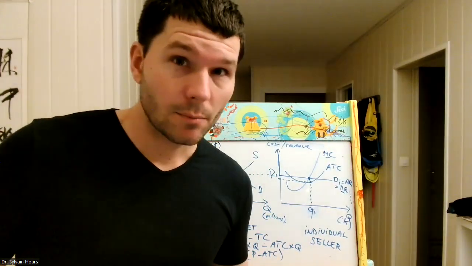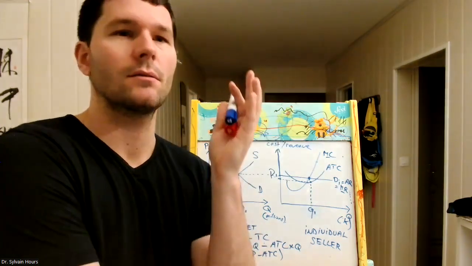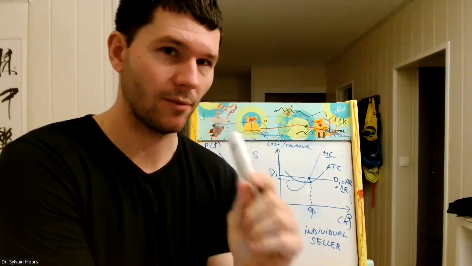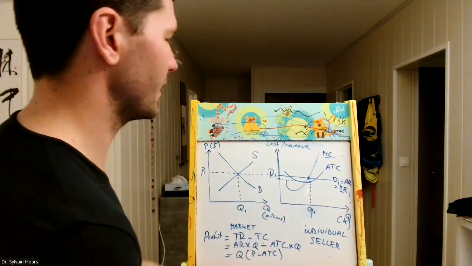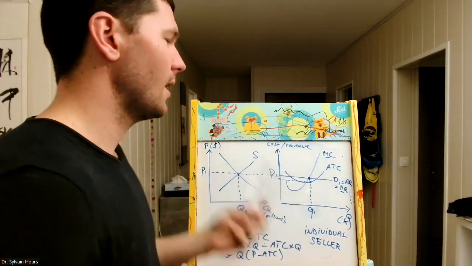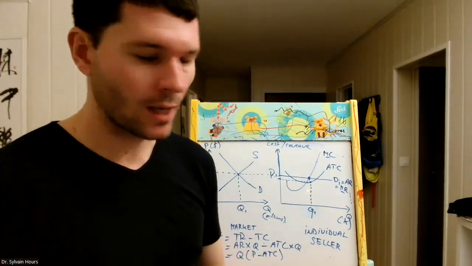How do I know that? Because in the long run, we know that all firms in perfect competition make zero economic profit. They make normal profit. And I'll explain why this is the case. So if you see a situation where a firm that operates in perfect competition either makes a positive economic profit or a negative economic profit, a gain or a loss, that tells you that we are in the short run.